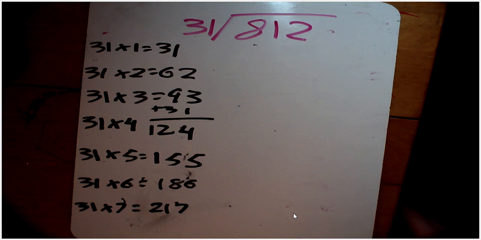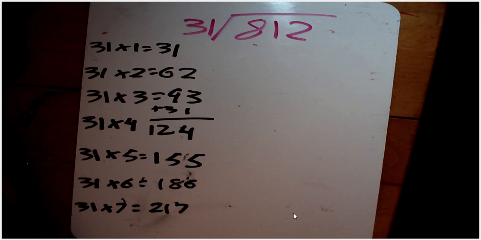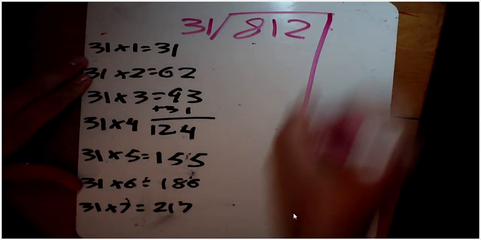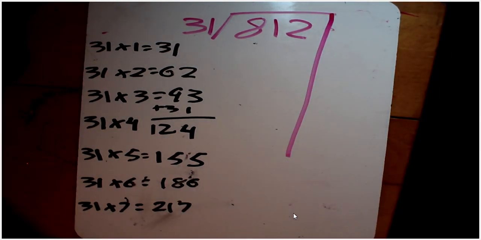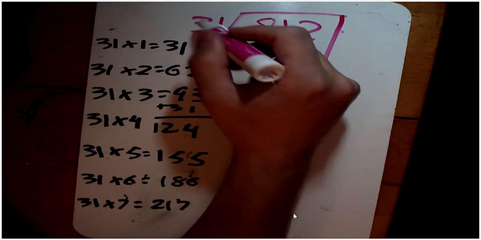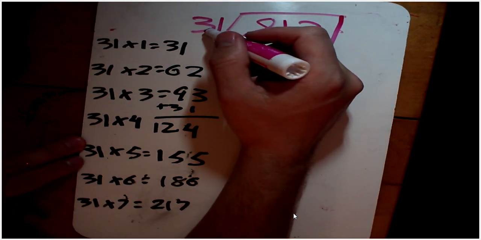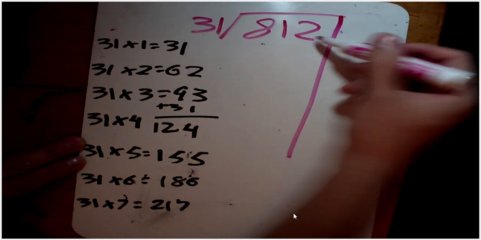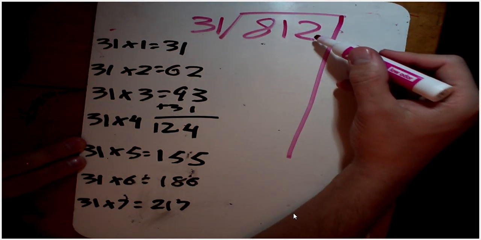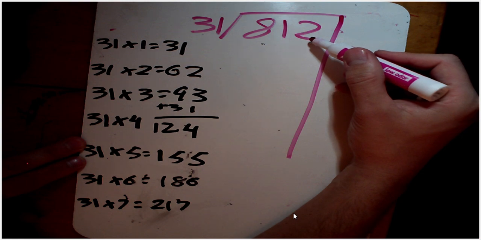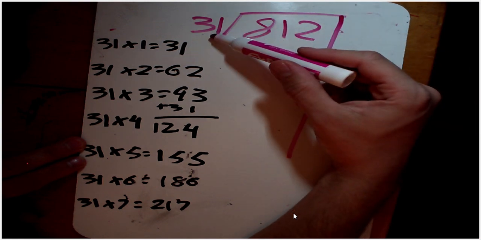So let's talk about partial quotients first. With partial quotients, we extend our multiplication house down. The idea is that we are going to start multiplying 31 by numbers, other factors, and reducing this dividend as much as possible till we get to a number that is 0 or less than 31.